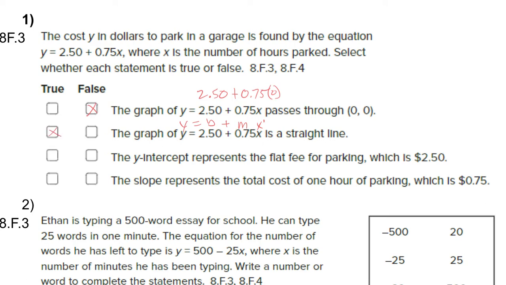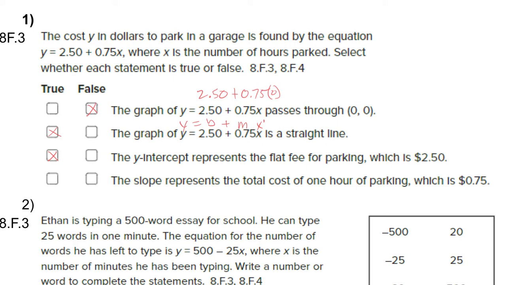That is true. The y-intercept represents the flat fee for parking, which is $2.50. Yes, the y-intercept would be where x is 0, and that's $2.50. So that's true. And the slope represents the total cost for 1 hour of parking.